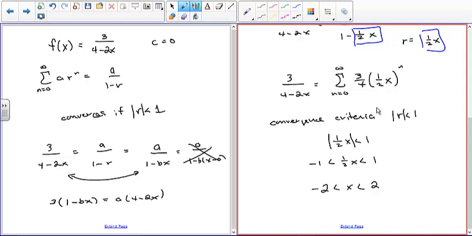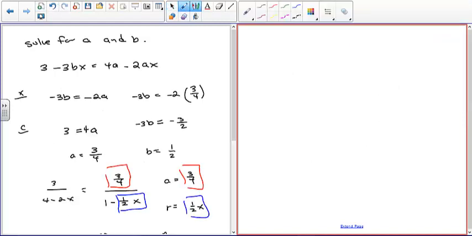Okay, so let's turn the page over. So it's the same equation, but we're going to center it around c equals 3, or x equals 3.